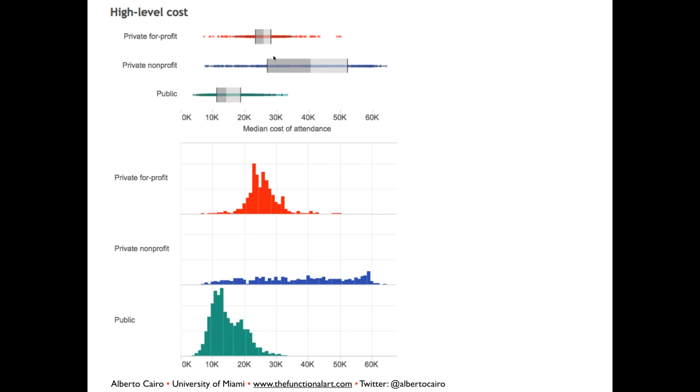Now, what are the quartiles? The quartiles are those values in your distribution, in this case the distribution of private non-profit tuition costs, those values that divide your distribution up into 4 equally sized areas or groups. So here you have the bottom 25% of the schools in terms of private non-profit schools in terms of costs, the middle 25%, the middle upper 25%, and the upper 25%.